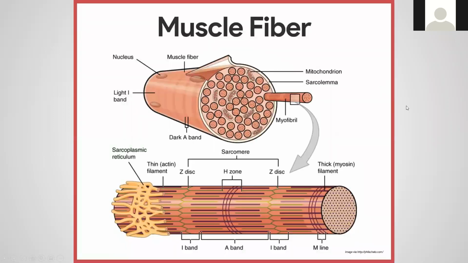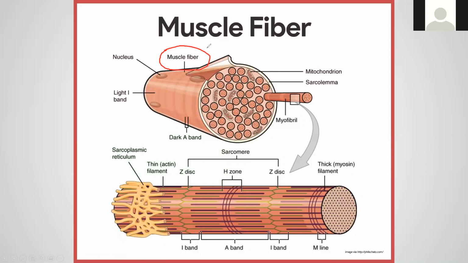Now, just as kind of a little bit of an overview here, we last spoke about the overall structure and anatomy of the muscle itself. So I want to start with a little bit of a refresher on that. When we're getting into the microanatomy, we're talking about everything that is a single muscle fiber and smaller.